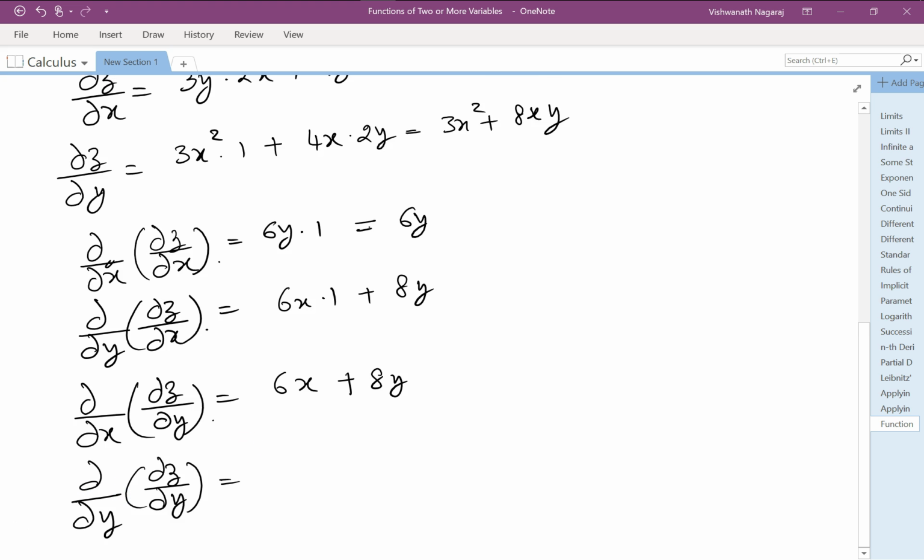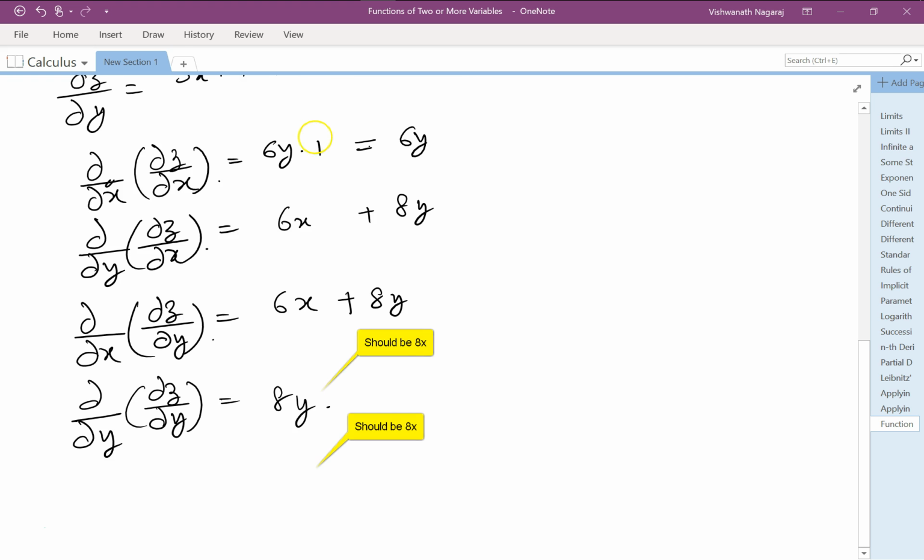When we differentiate it with respect to y, the first term disappears and the second term becomes 8y multiplied by 1, which we don't need to write. Now do you notice something interesting? These both are equal. Yes, 6x plus 8y.